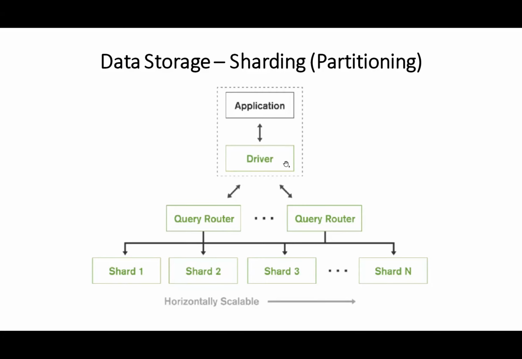Then the driver figures out which query router the request should go to, and that query router will route the request to the appropriate storage of the data. The driver sees everything. The query router just sees part of the architecture. Does it make sense? Yes, Professor. Thank you. Excellent question. Any other questions, please?